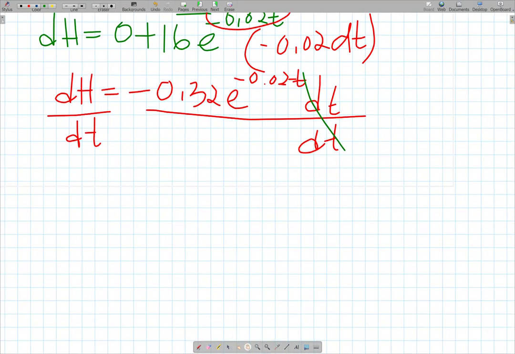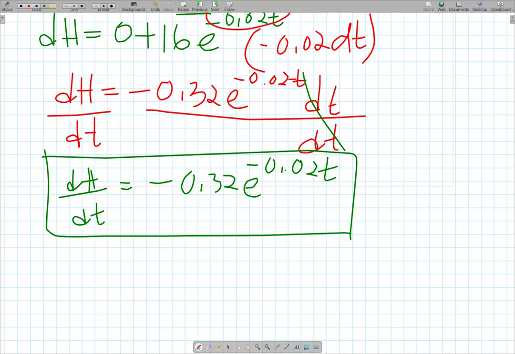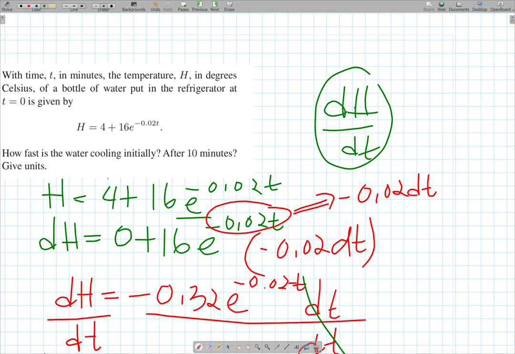So dH over dt is equals to negative 0.32e to the negative 0.02t. So this is, class, the equation of what? How fast is the water cooling?